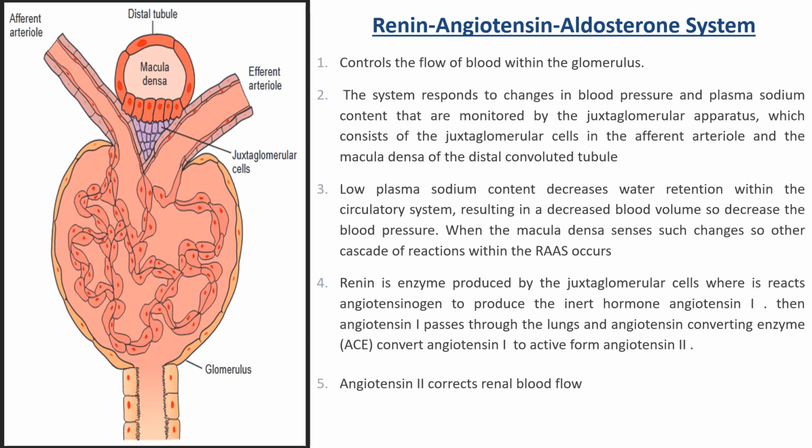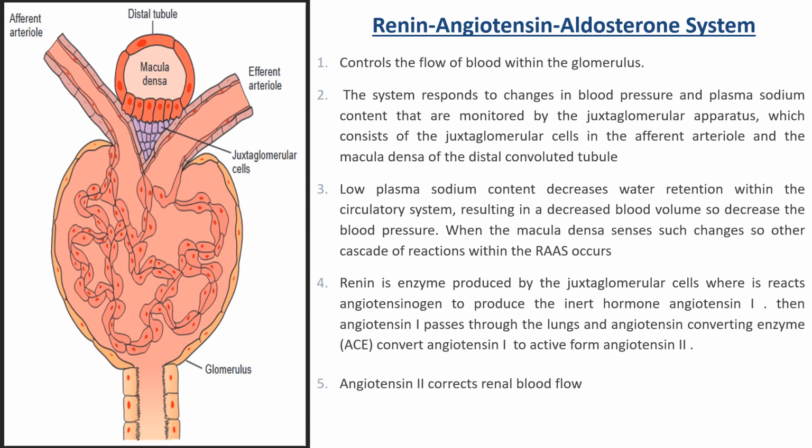The renin-angiotensin-aldosterone system controls the flow of blood within the glomerulus. The system responds to changes in blood pressure and plasma sodium content, which are monitored by the juxtaglomerular apparatus, which consists of juxtaglomerular cells in the afferent arteriole and macula densa in the distal convoluted tubule.